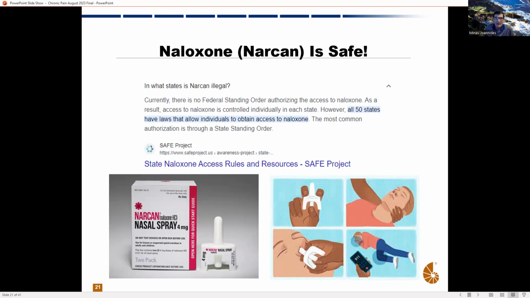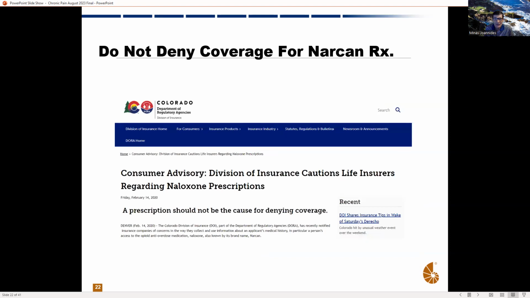So if you see this on an applicant's application, don't take any adverse action for Narcan or naloxone. And actually, we can get into problems if you deny coverage or rate or do anything else for someone who has or in the past or currently has a Narcan prescription.